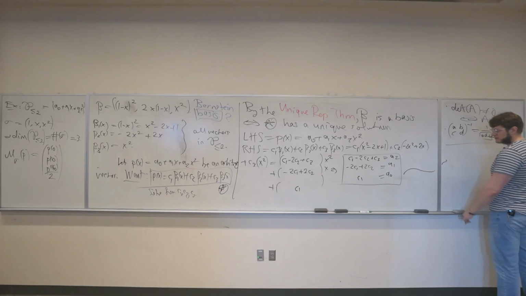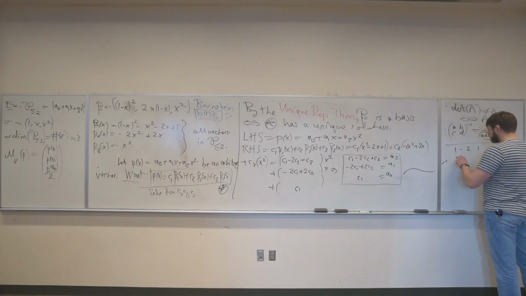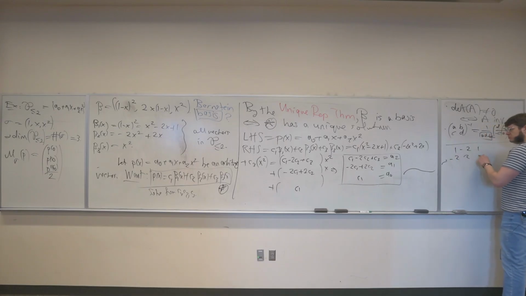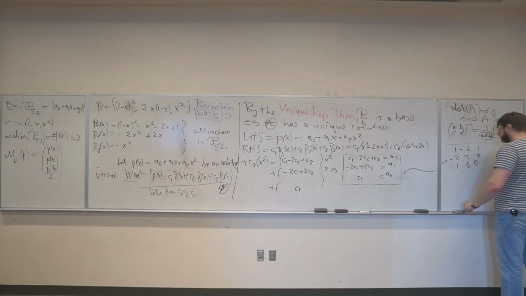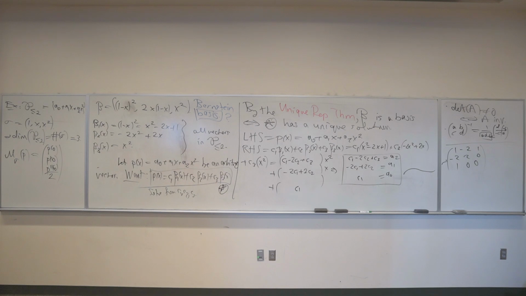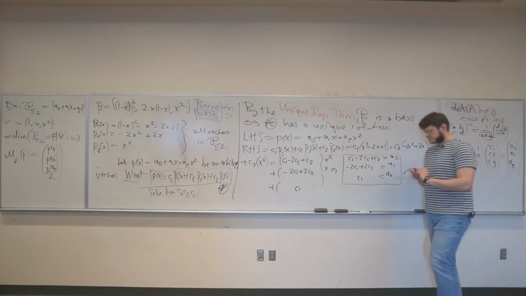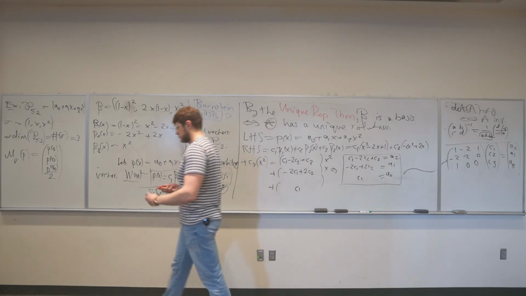So if I turn this into the matrix form, I get this. 2, 0, and then 1, 0, 0. C1, C2, C3, a2, a1, a0. That was matrix form.